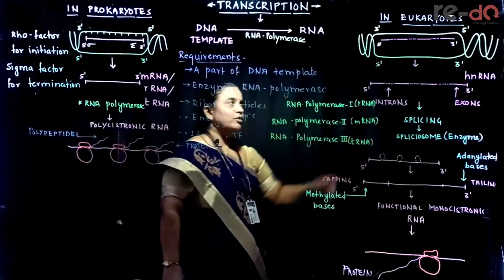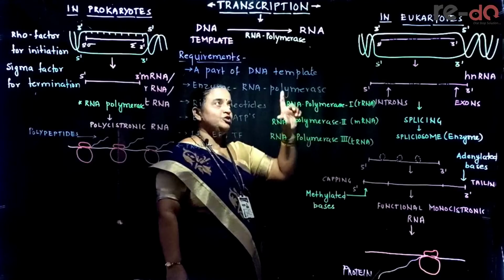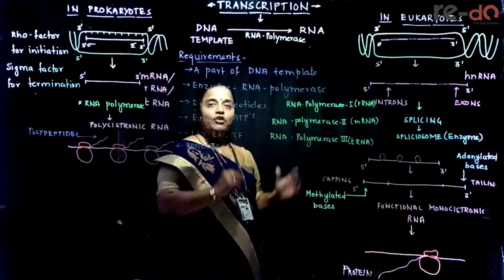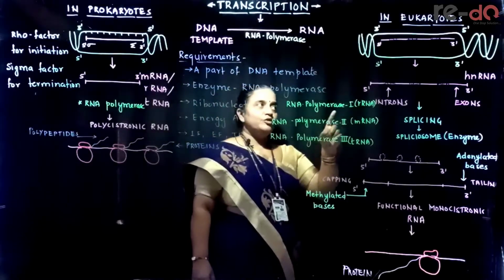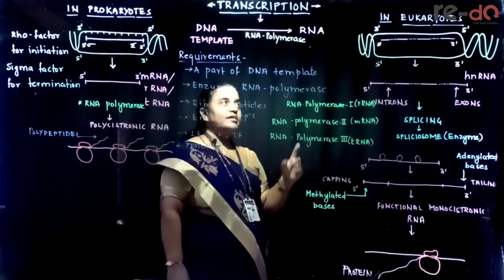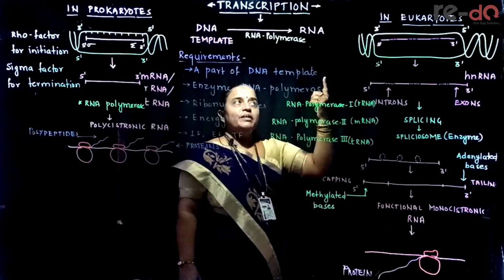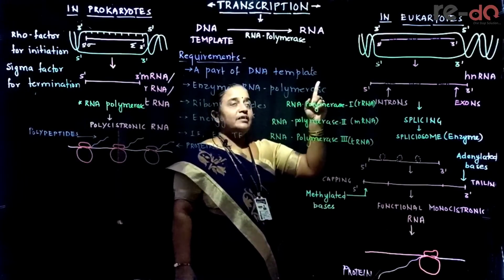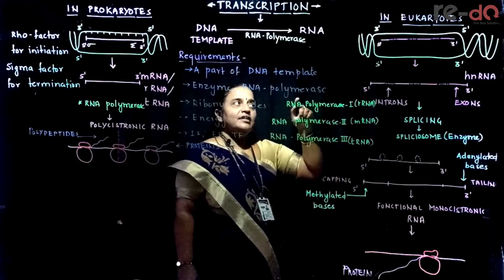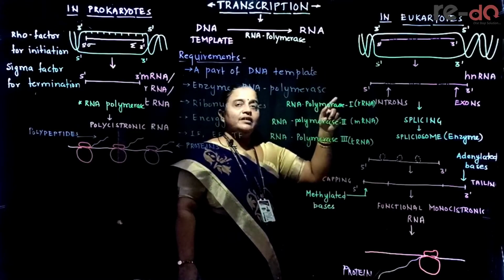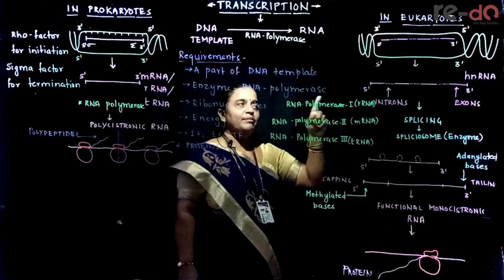Now, in eukaryotic transcription, as usual, the part of DNA unwound, 5' to 3' shown in green color is the coding strand, and the opposite complementary 3' to 5' green colored is the template strand, and the RNA production is shown in pink color from 5' to 3'.